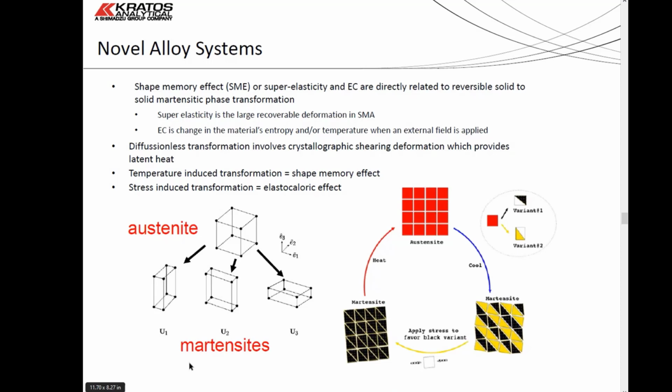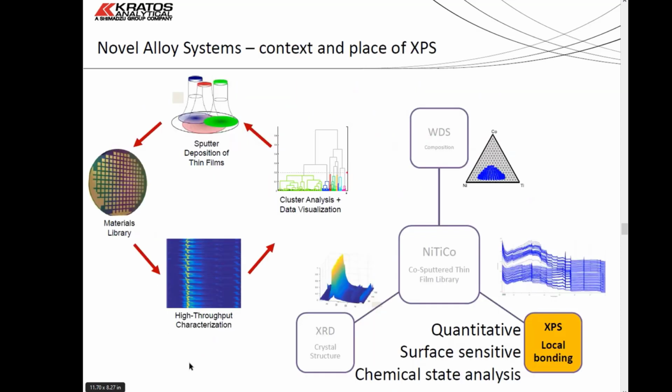So this has applications in medical devices, and also in materials where you can deform something, and then under temperature or stress or a magnetic field, it will go back to its original shape. Really interesting materials. They've got lots of applications for really small devices as well, as switch or sensor materials.